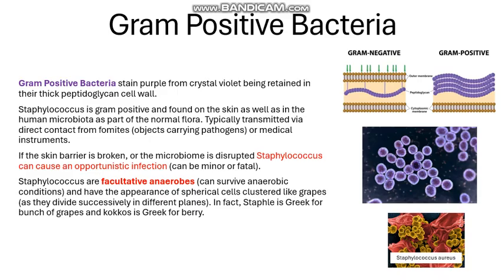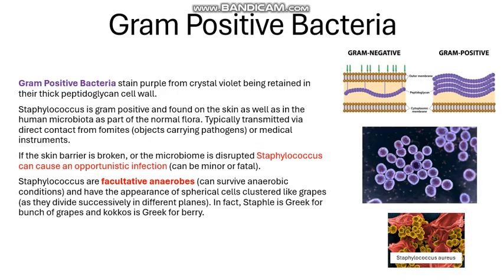When you stain that with crystal violet, the crystal violet forms complexes within that peptidoglycan cell wall, staining it purple. So when we look at the bacteria at the end of the gram staining process, they're going to appear purple, because even after we apply safranin to it, the purple colour overrides the pinky reddish colour of the safranin.